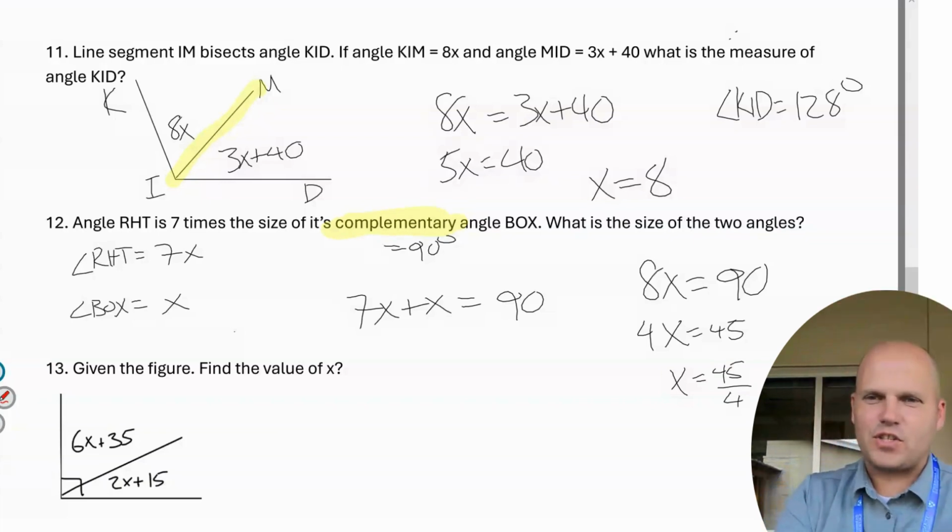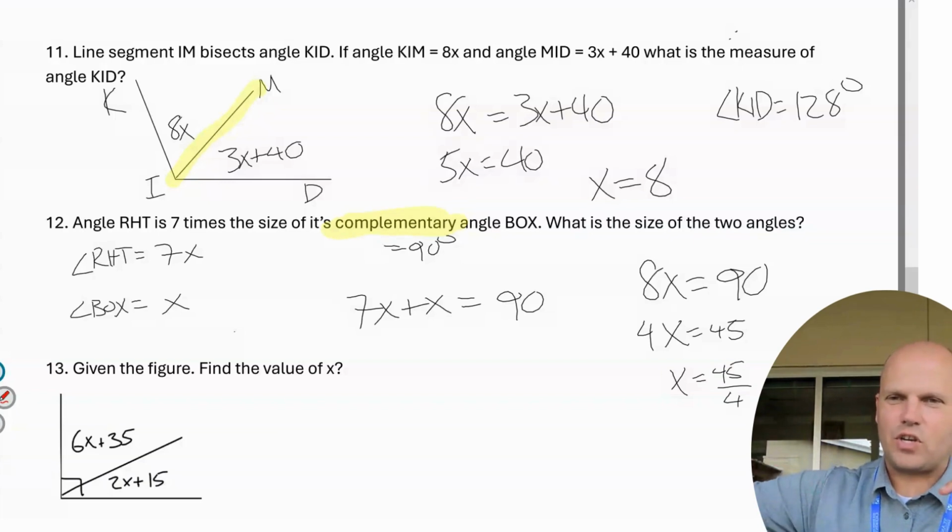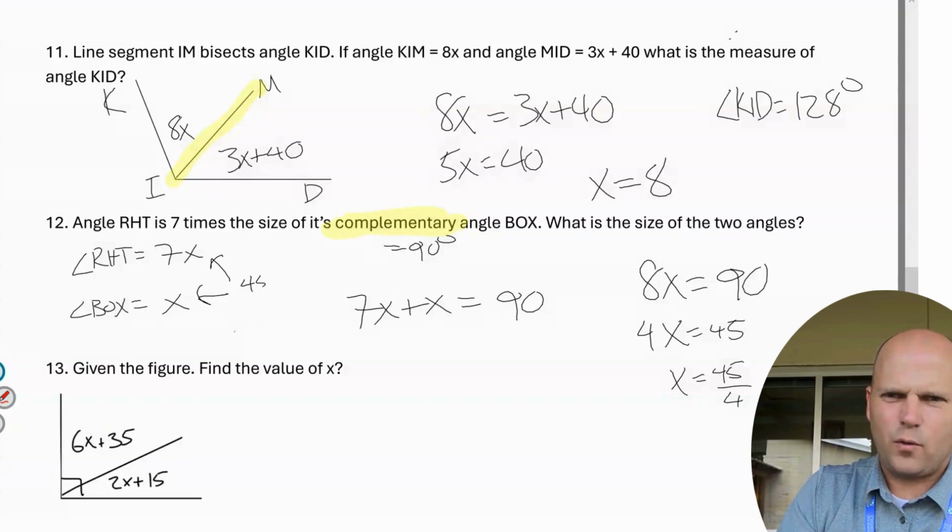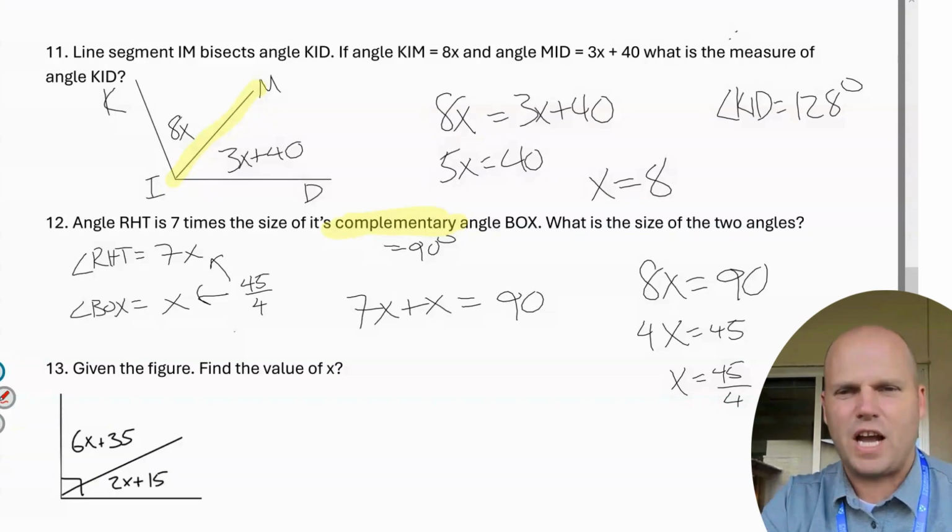X is 45 fourths. Box is 45 fourths. RHT is 7 times 45 fourths. I wouldn't want you to do the math on this. So just leave it as 45 fourths or 45 fourths times 7.